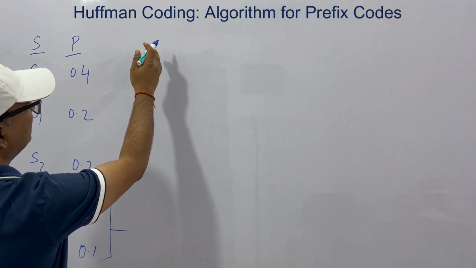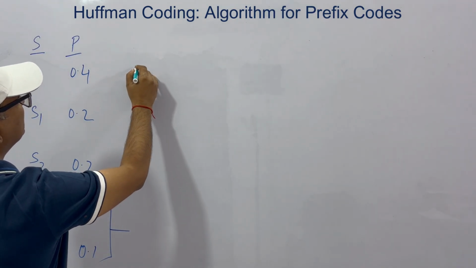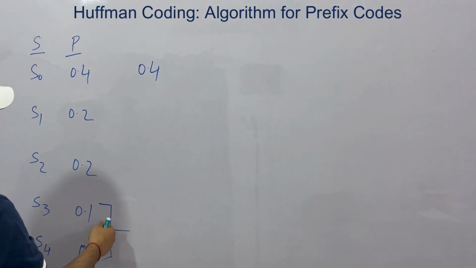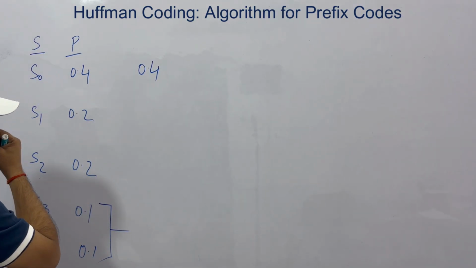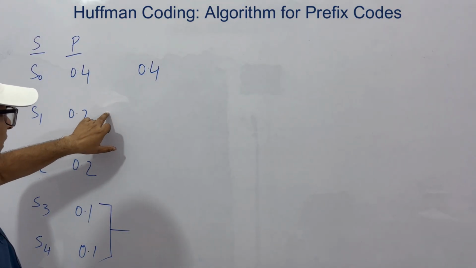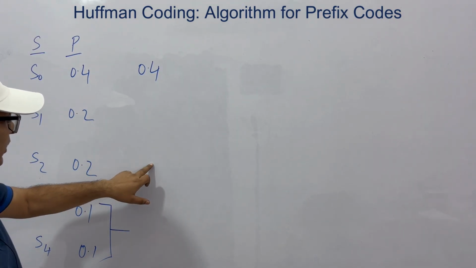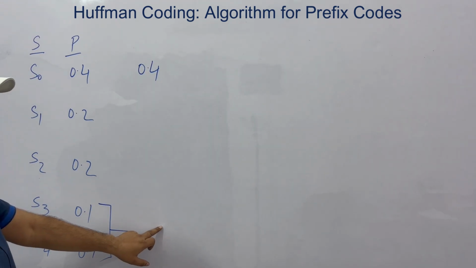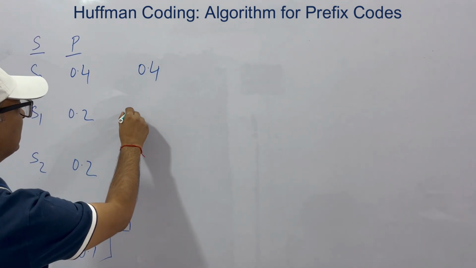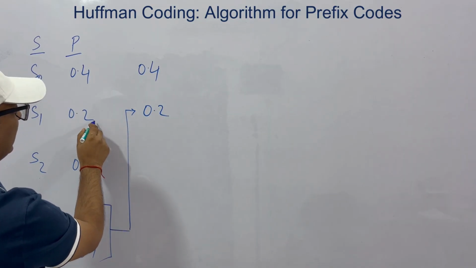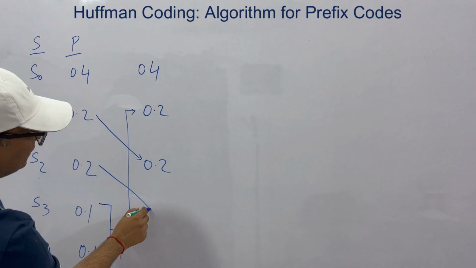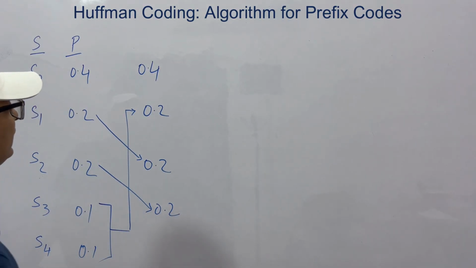Now the next level, what we do, this probability is 0.4. Now this is 0.2, 0.2, 0.2. We have to make a decision whether to keep this at this point, this at this point, and this at the third point. Or what we can do, we can put this here 0.2 and we can shift it here and we can shift it here 0.2.